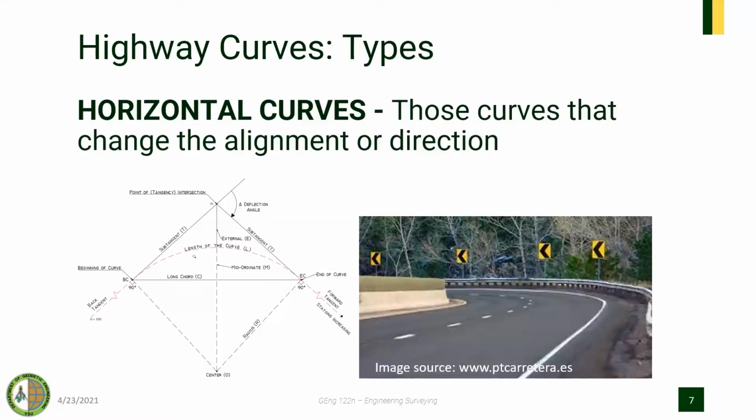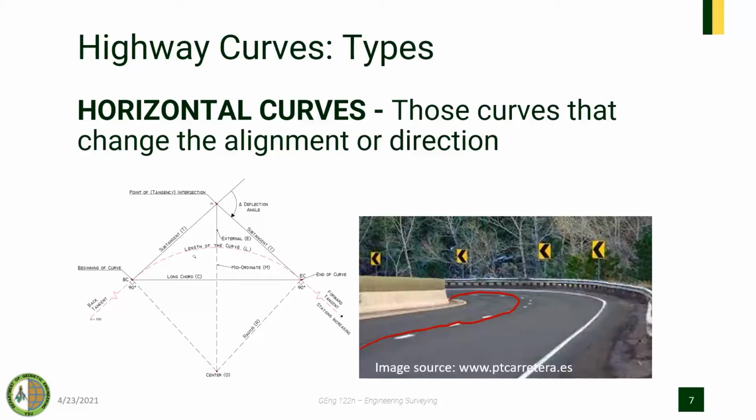So there are two types of highway curves. For the purpose of this lesson, we will just discuss horizontal curves, but anyway, we will introduce it to you today. Horizontal curves are the first one, those curves that change the alignment or direction. As you can see, from a straight line, then into a curve.